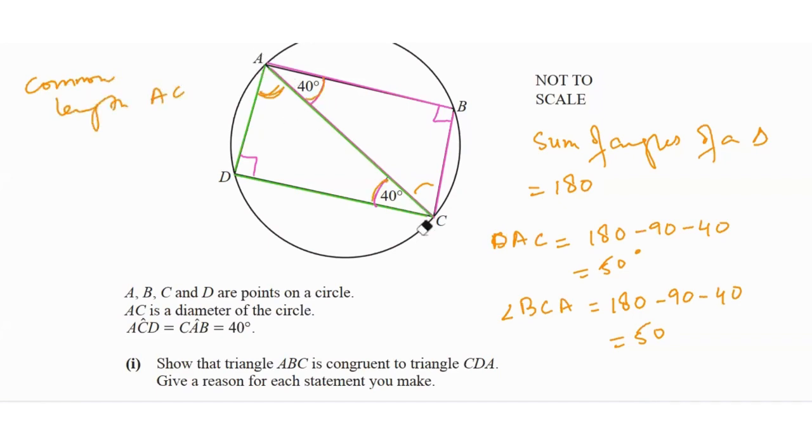Since they share a common length of AC and we know that 90 degree is for angle D and 90 degrees for angle B, and angles C and A are already given, the congruency test that we can apply over here is angle side.